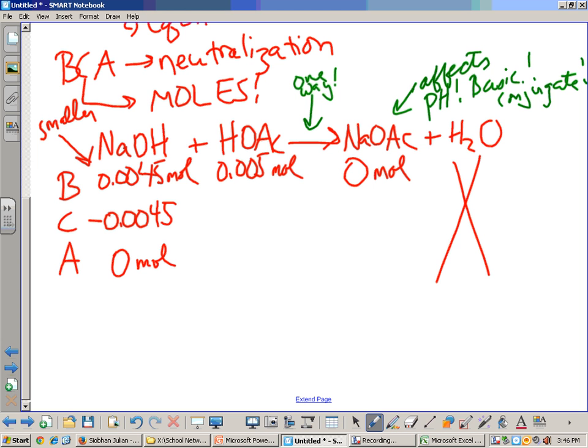This dictates your change for everything else. In order to neutralize all of the sodium hydroxide that's been added, you're going to use up 0.0045 moles of the acetic acid, and that's going to leave you with 5 times 10 to the minus 4th moles of acetic acid. So you're using up most of your acetic acid, all but 5 times 10 to the minus 4th moles.